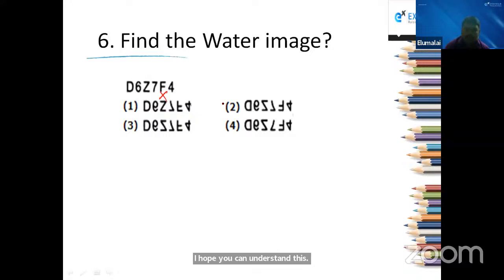Then D, right. Yes. So I told you D will be same as the original image. Mirror image of D is same as the original one. So at the time, either 1 or 3 can be possible. Already I eliminated 1. So 3 is the possible answer. I can eliminate option 2 and 4 simultaneously. Is that clear here?